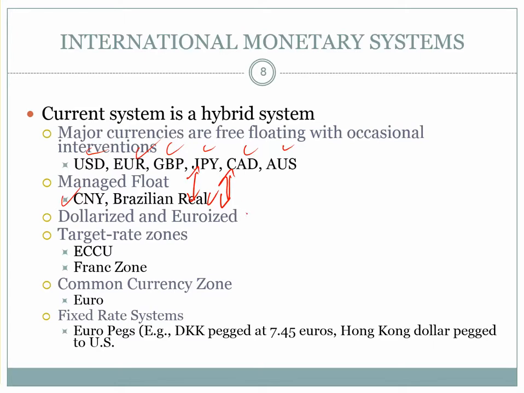You have many dollarized and euroized countries. You have a lot of target zones like the Eastern Caribbean currency unit and the franc zone, which I believe is in Africa. And then you have common currency zones like the euro. And you also have a number of currencies like the Danish krone and the Hong Kong dollar that have their own currencies, but they just choose to peg them to another currency. The Hong Kong dollar is pegged to the US dollar, and the krone is pegged to the euro.